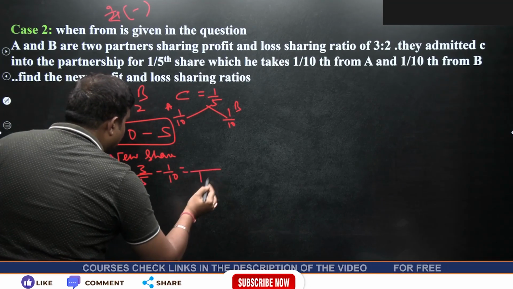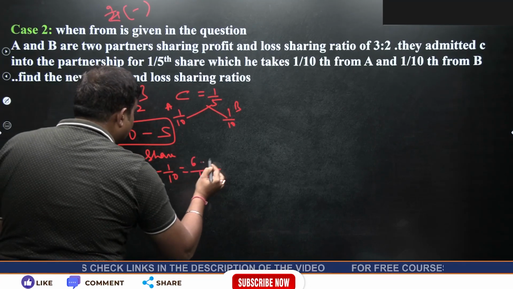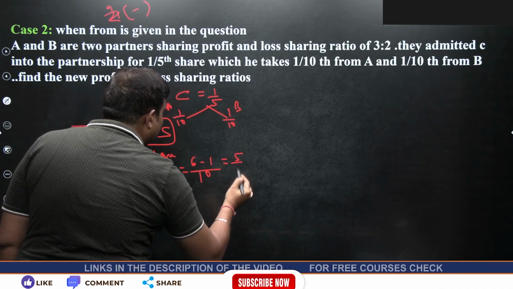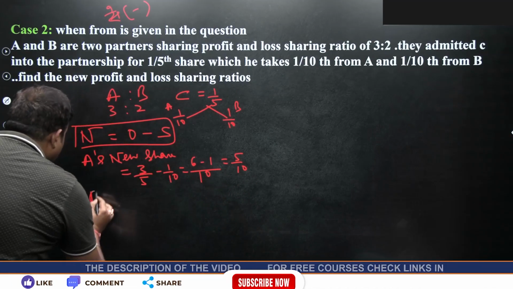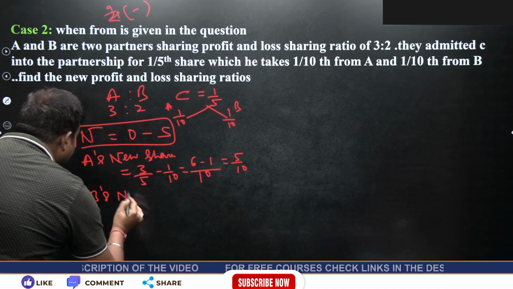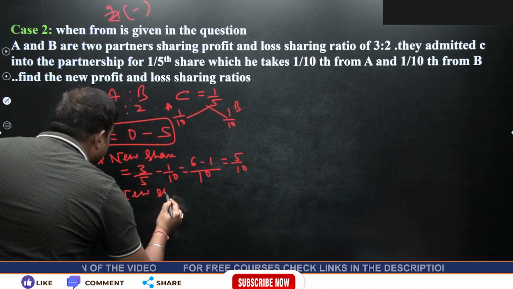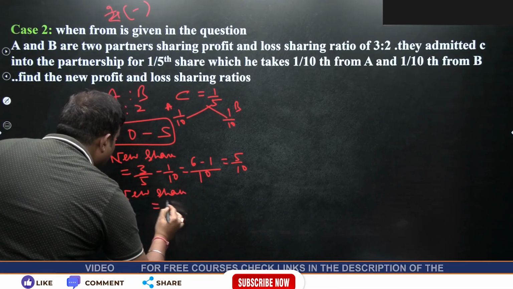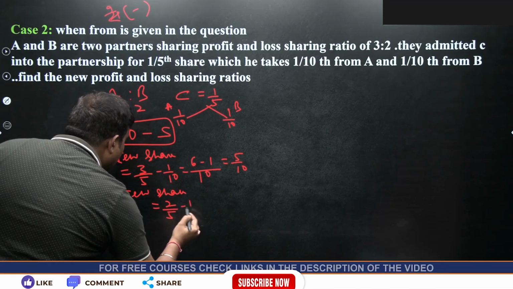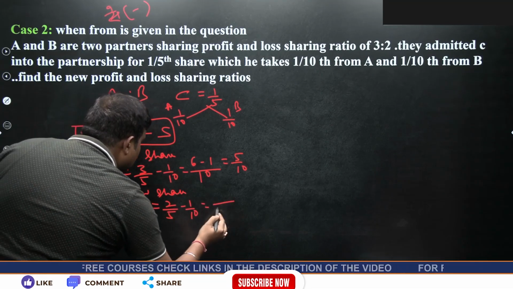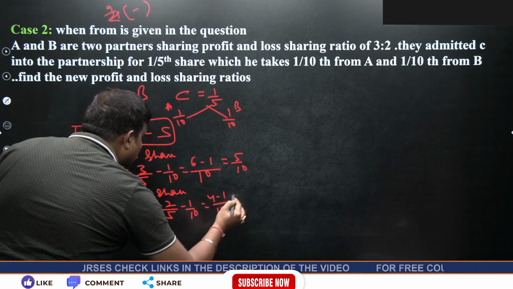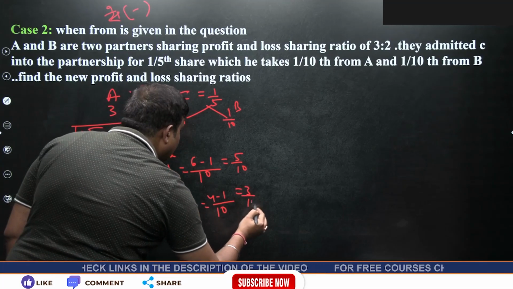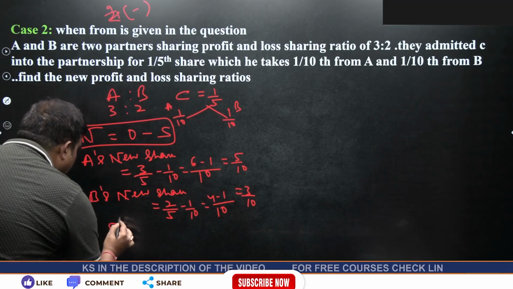So you can just calculate 6 minus 1. So this should be 5 by 10. B's new share equals 2 by 5 minus 1 by 10. So this is 4 minus 1 over 10. So this should be 3 by 10. Now C's share.